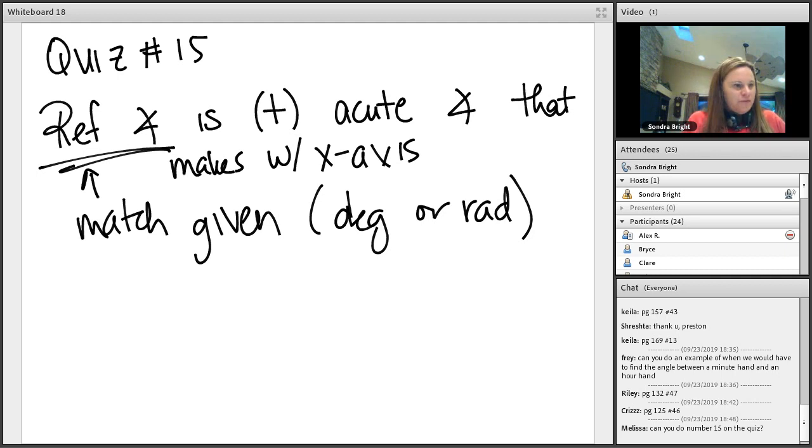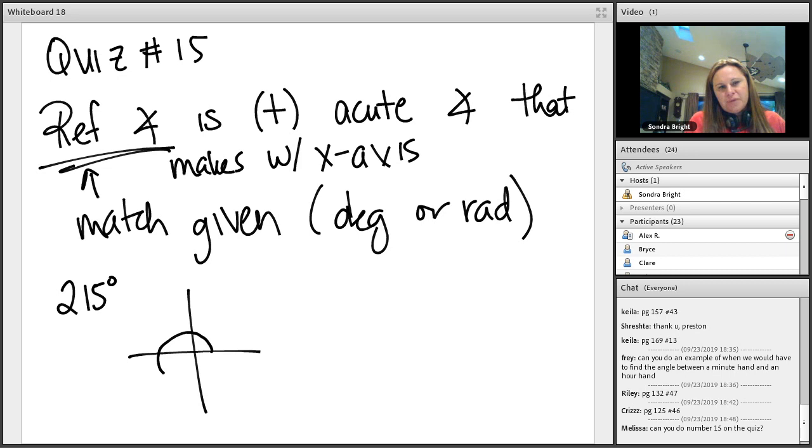So number 15 was finding the reference angle for 215 degrees. So I would draw it at 215 degrees. You would go this way. That's 90, 180, and then plus another like 35. So there's your 215 degrees. And so this angle here is your reference angle because it's to the x-axis.